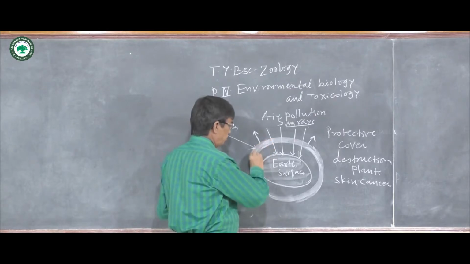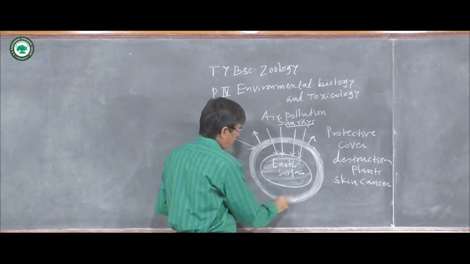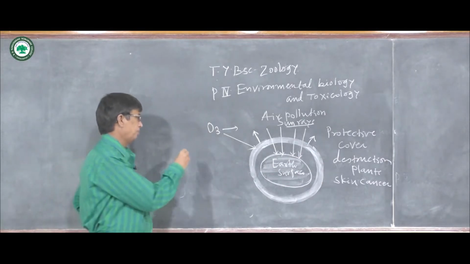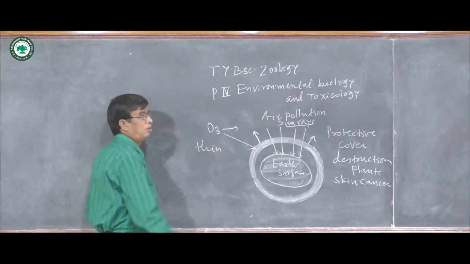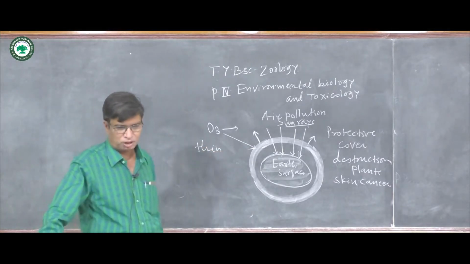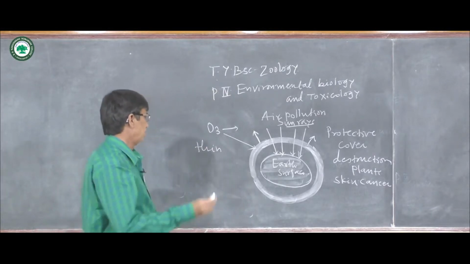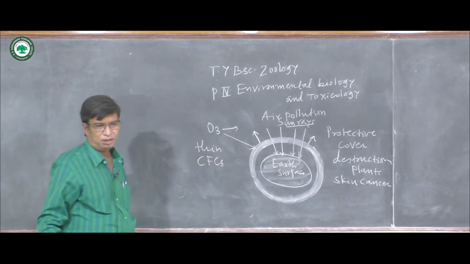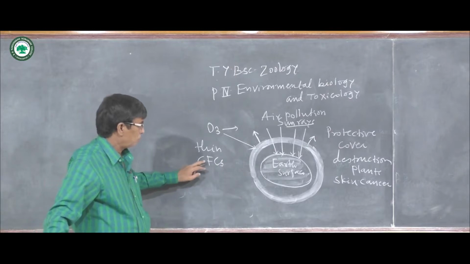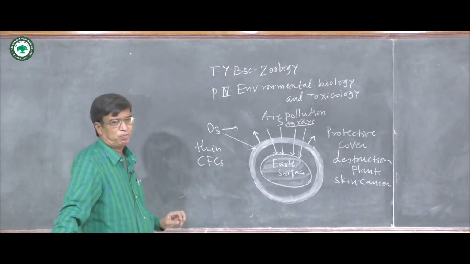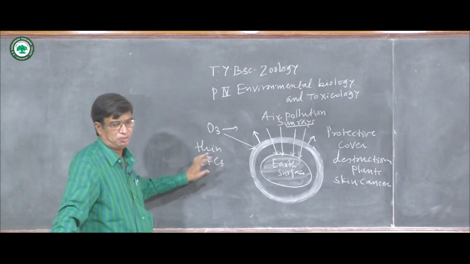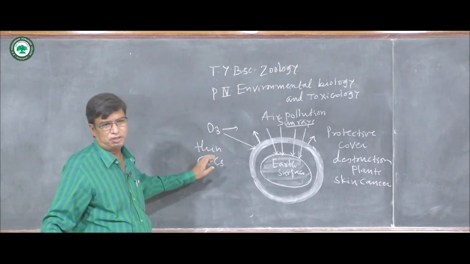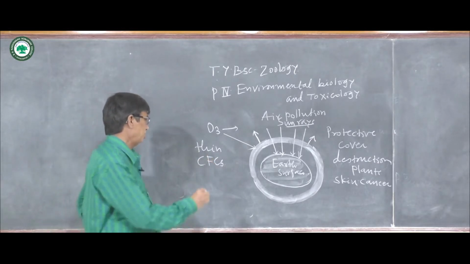But due to some human activities, this thick ozone layer becomes thin. For example, production of CFCs, chlorofluorocarbons, that is mainly produced by refrigerators or air conditioners.